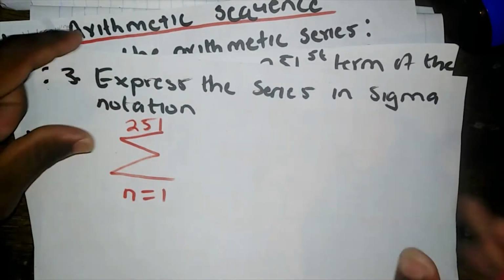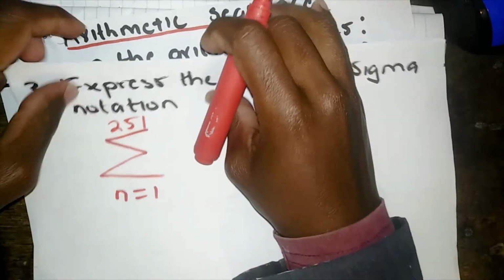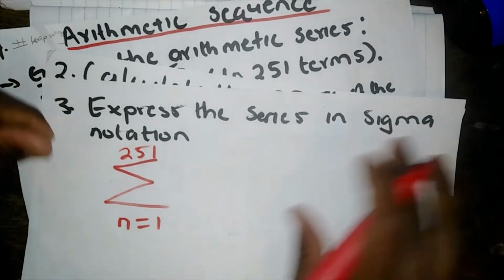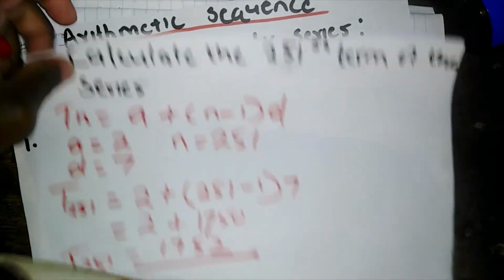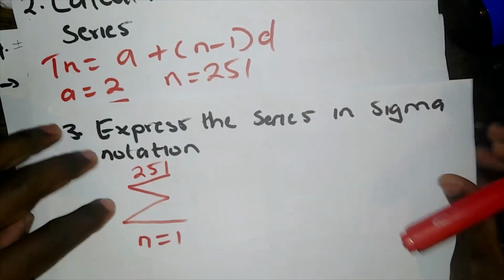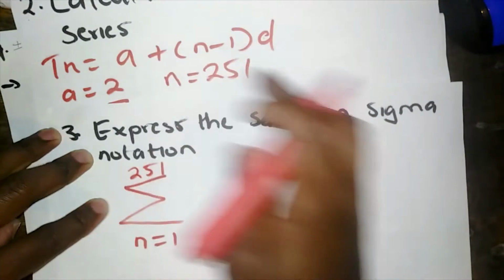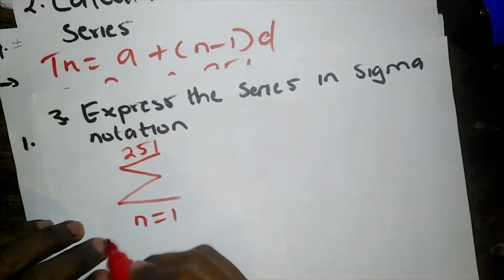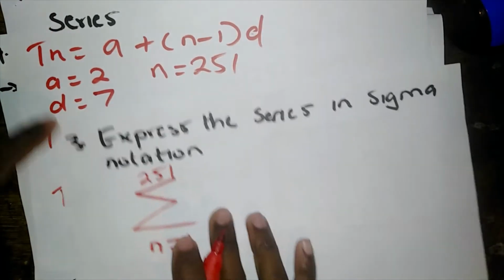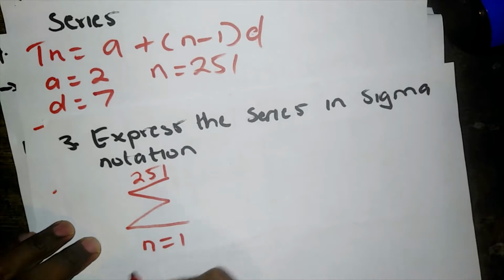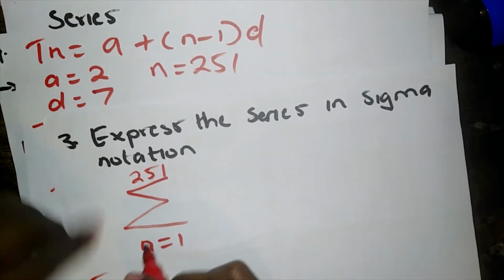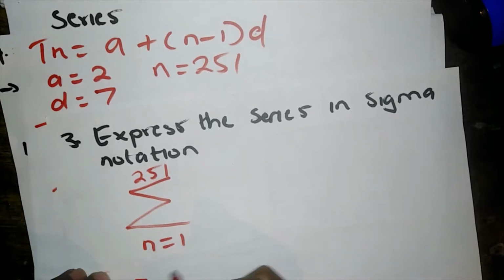So how do we calculate the formula for the term? Simple, guys. Here is your formula for the arithmetic sequence. Here you have your a, which is 2.